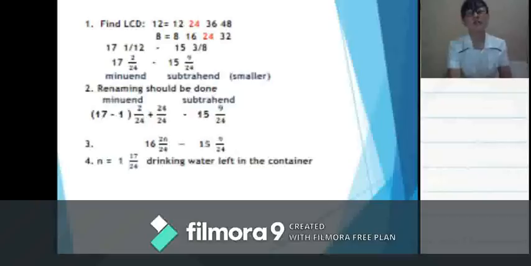This is 2, right? If you look at the numerator of the subtrahend, the minuend is smaller than the subtrahend. In this case, we have to rename this minuend. So we have to borrow. So that's it. We are going to borrow.